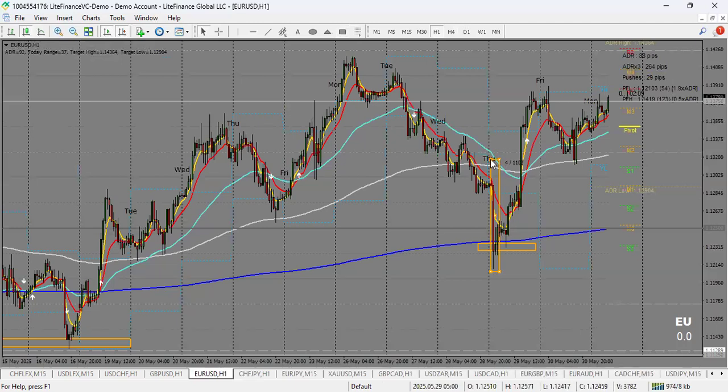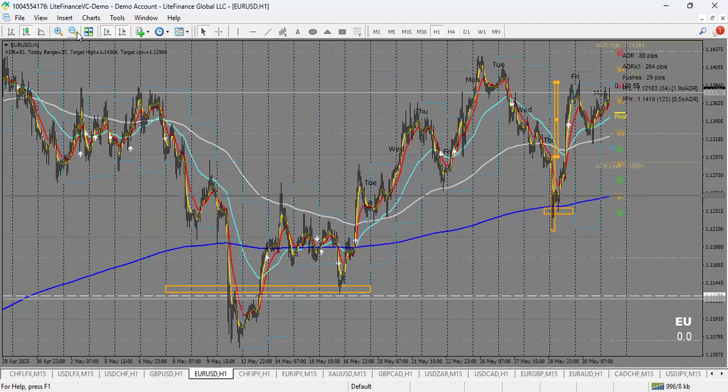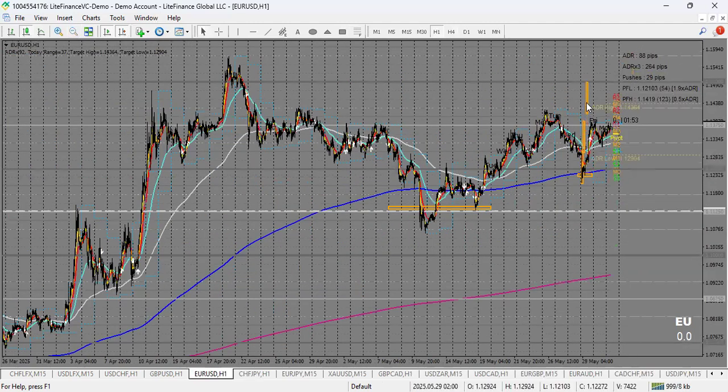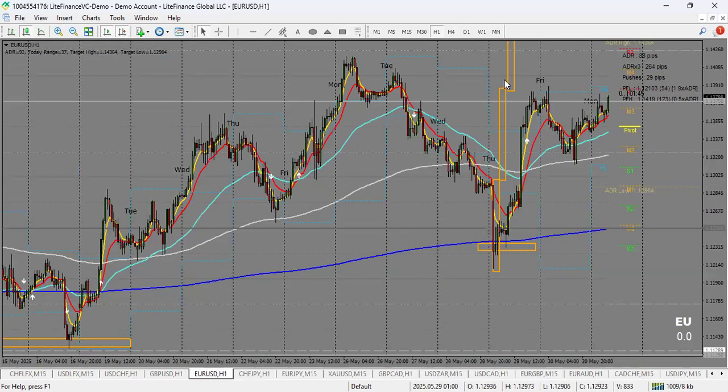Let us draw the ADR, which is around 88 to 92 pips, so let me just leave it at 90. That's ADR times 1, ADR times 2, and ADR times 3. The current cycle has already completed 2 times ADR, so it has moved 2 levels, and we are now looking to go to the third level.